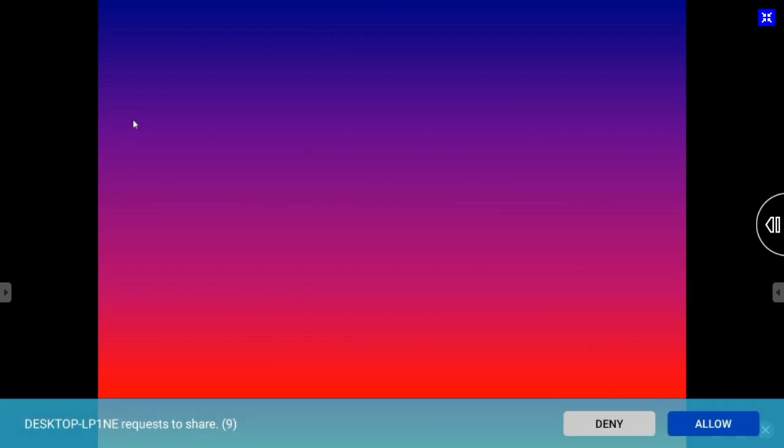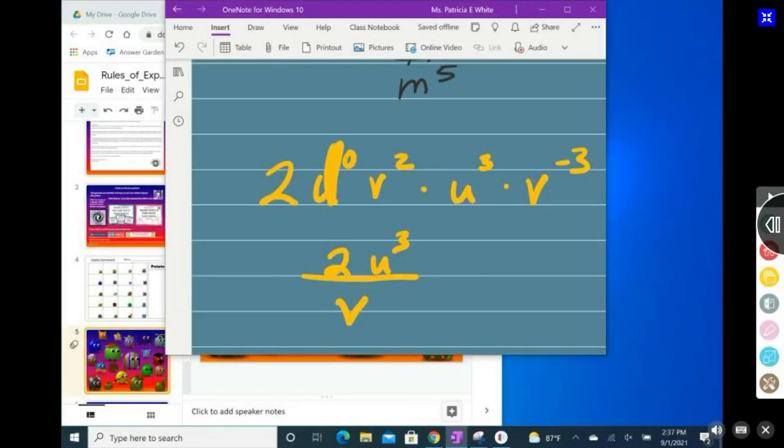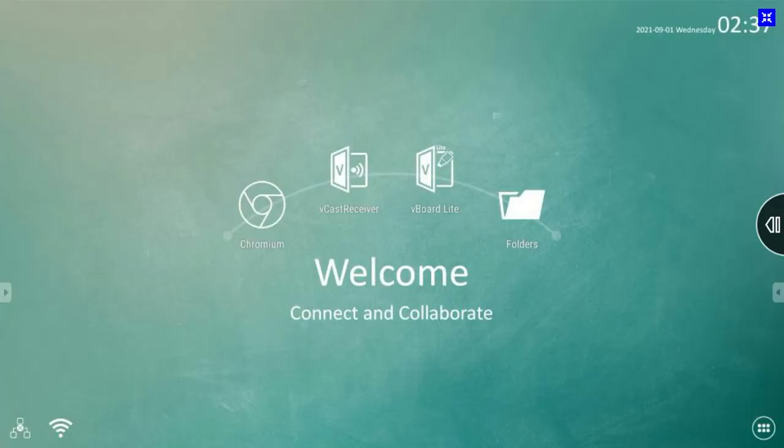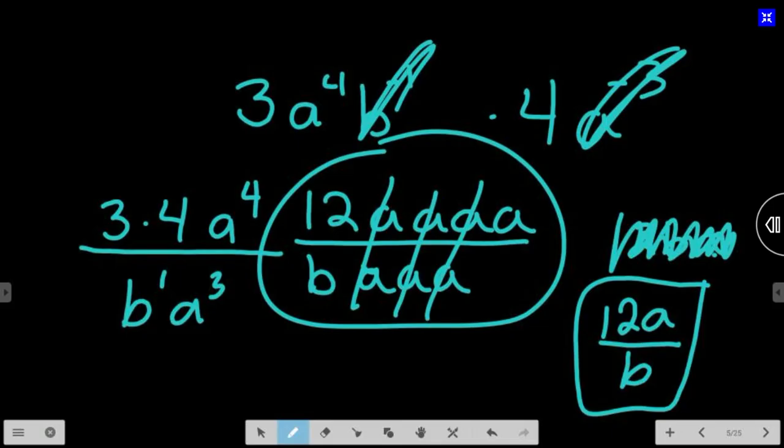Number 1. I have 5 to the 3rd, and I've got to write it in standard form. So what am I going to write? Please quit playing around, or you can go stand somewhere else. 5 to the 3rd power.